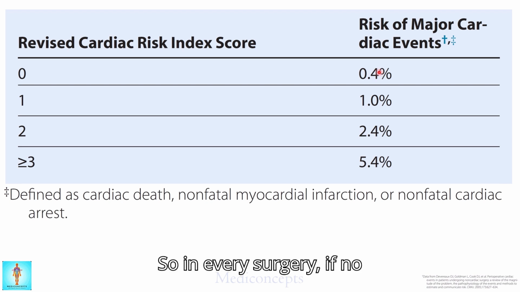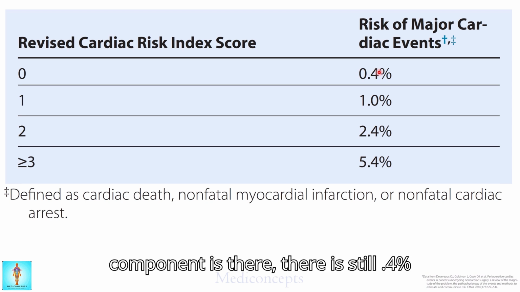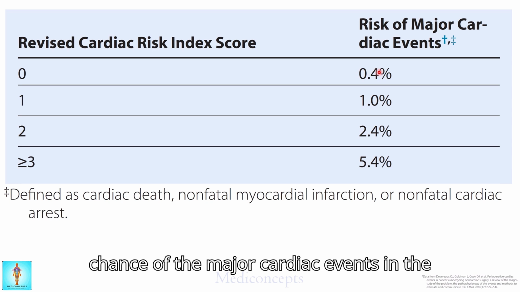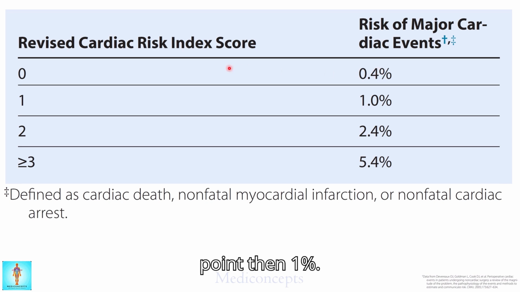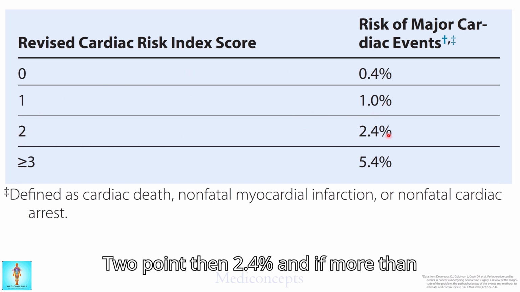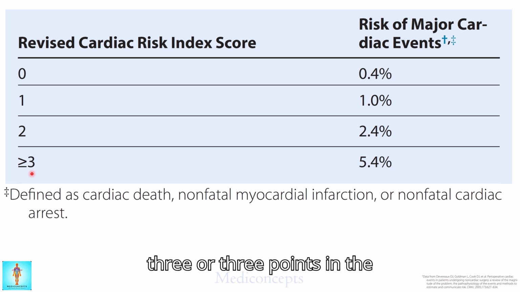So in every surgery, if no history, no cardiac component is there, there is still a 0.4% chance of major cardiac events in the perioperative duration. If 1 point, then 1%, 2 points, then 2.4%, and if 3 or more in the RCRI score, then it's a 5.4% risk for major cardiac events.